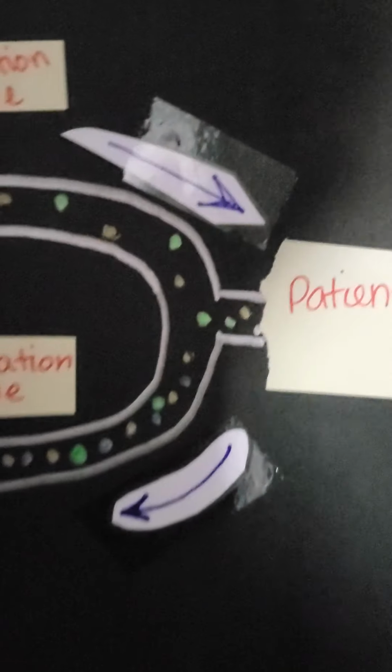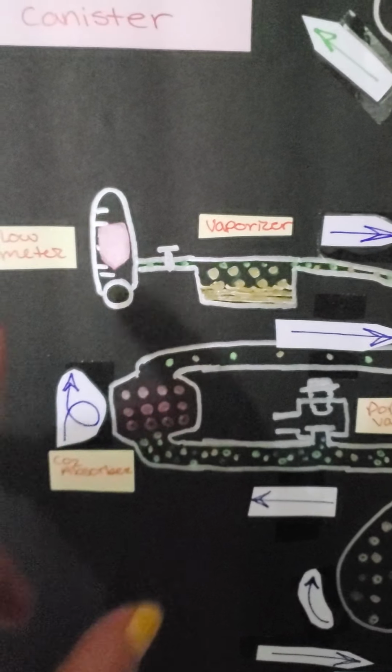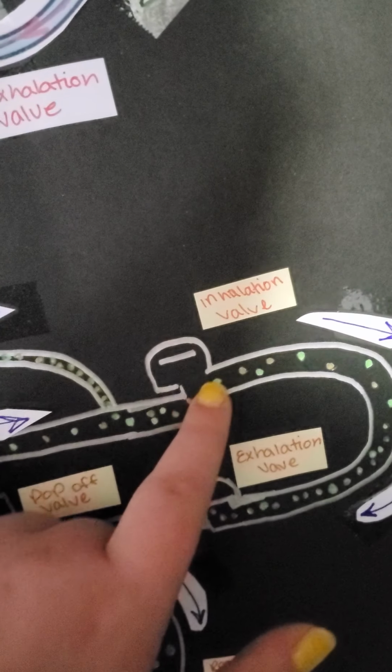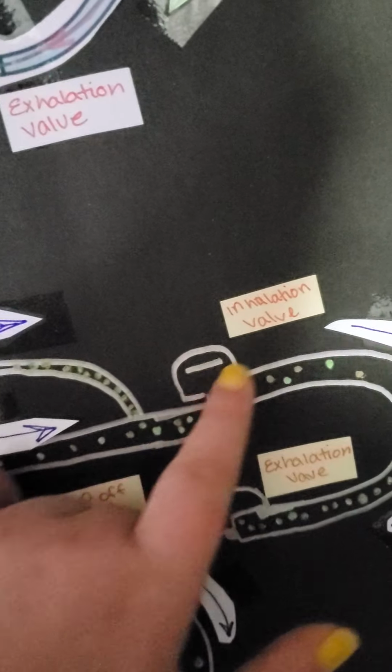So, for the gases, they go from the flow meter to the vaporizer, into the breathing circuit. It'll go to the inhalation valve, to our patient. It'll go back through the exhalation valve.